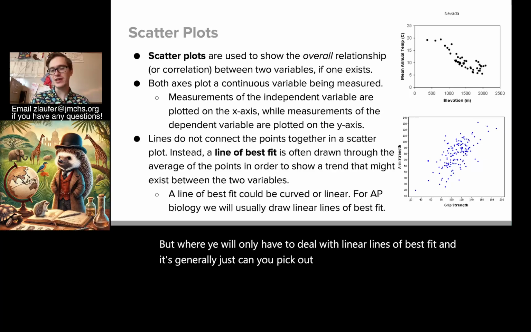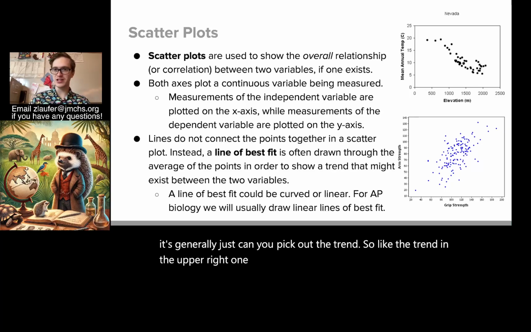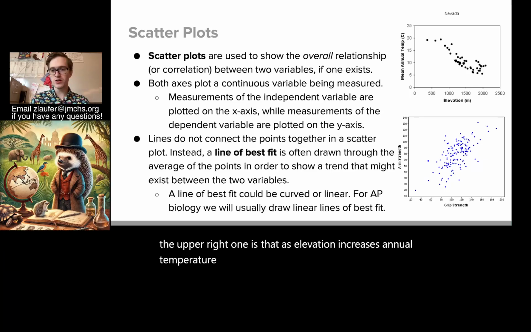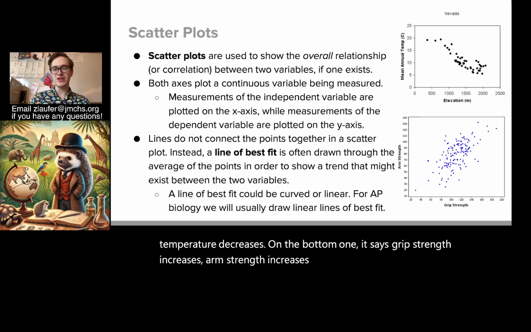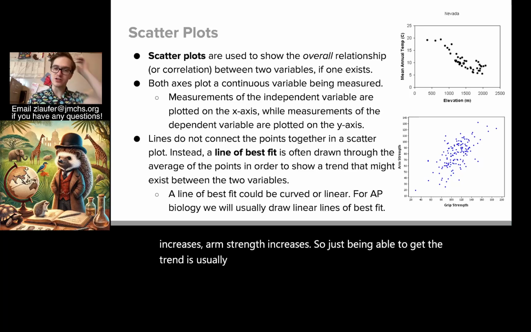So the trend in the upper right one is that as elevation increases, annual temperature decreases. On the bottom one, it's as grip strength increases, arm strength increases. So just being able to get the trend is usually enough. You probably aren't going to be asked to graph one.